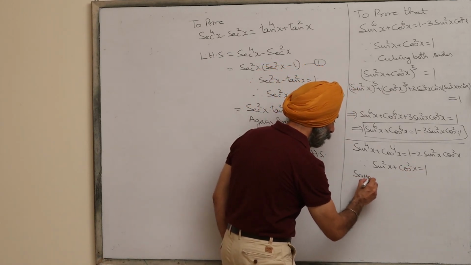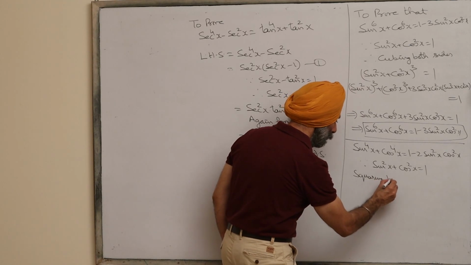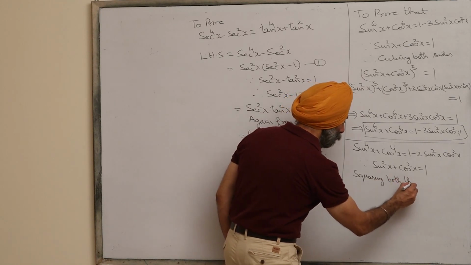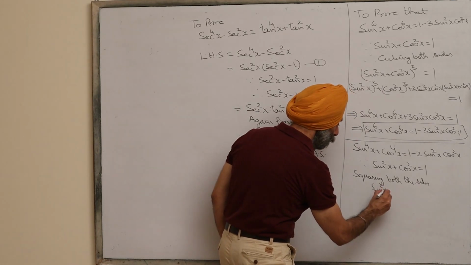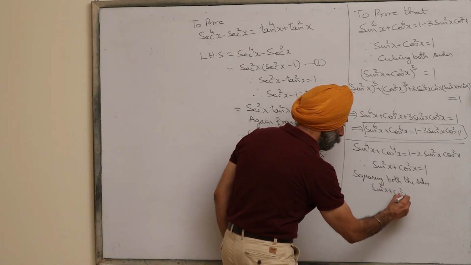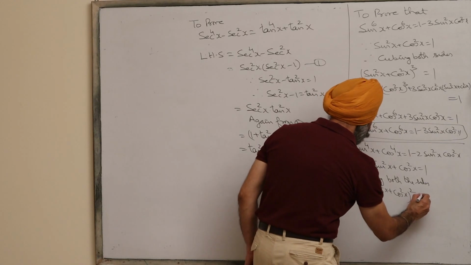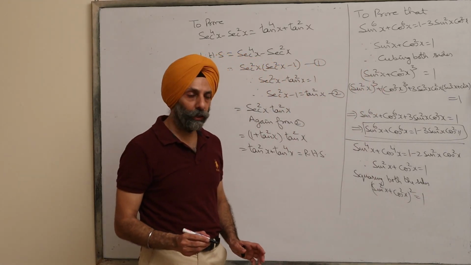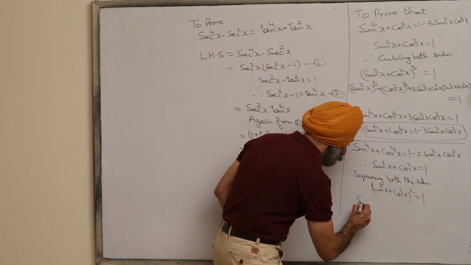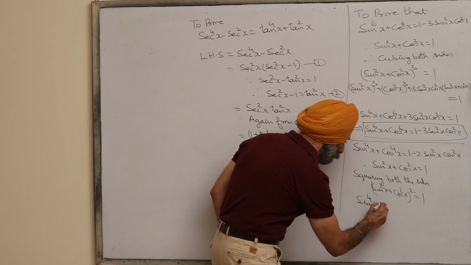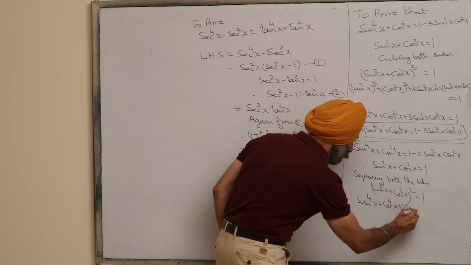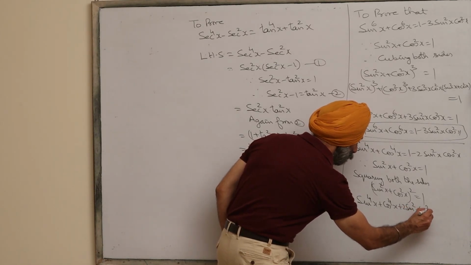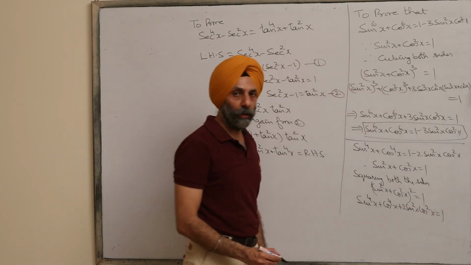So squaring both sides, we have (sin^2 x plus cos^2 x) whole squared equal to 1. So it is a^2 plus b^2 plus 2ab is equal to 1.